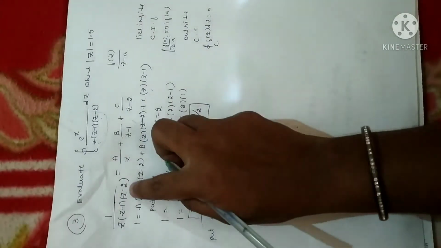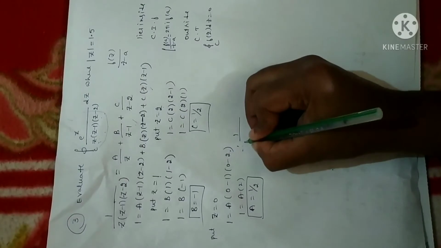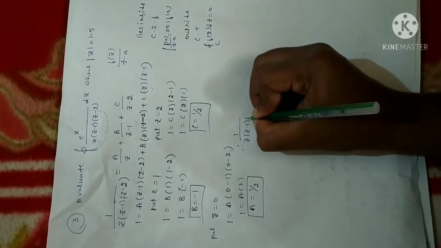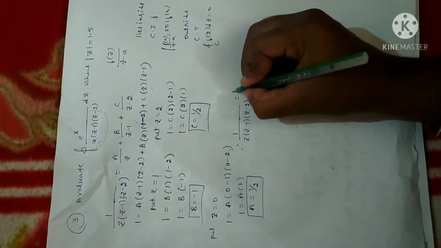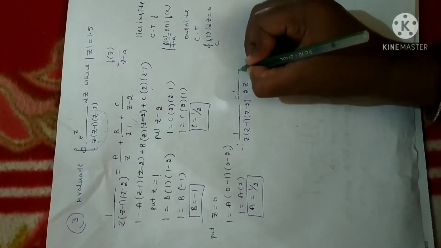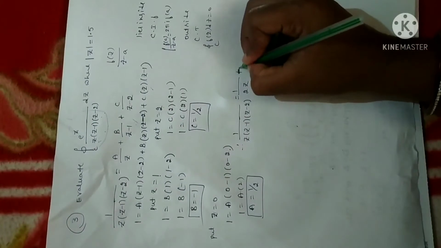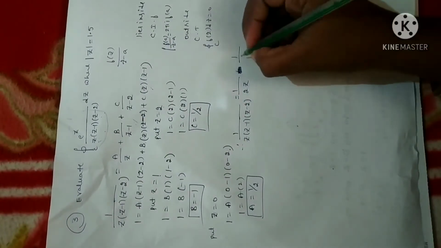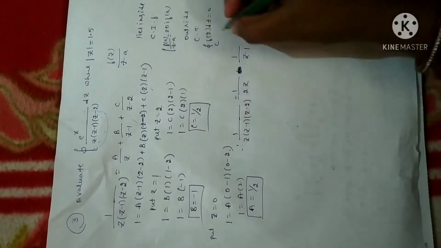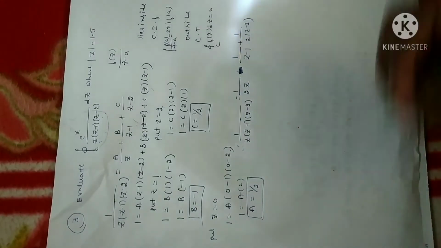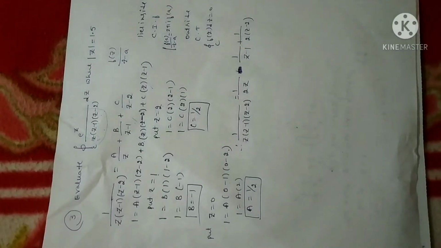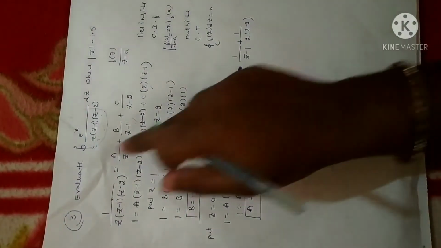Now how can we write this term? Therefore let me write here: 1 divided by z into (z minus 1) into (z minus 2) can be written as a, which is 1 divided by 2 into z, plus b, which is minus 1, so I will get minus here, minus 1 divided by (z minus 1), plus c, which is 1 by 2 into (z minus 2). Fine. Now let me substitute in the original problem.